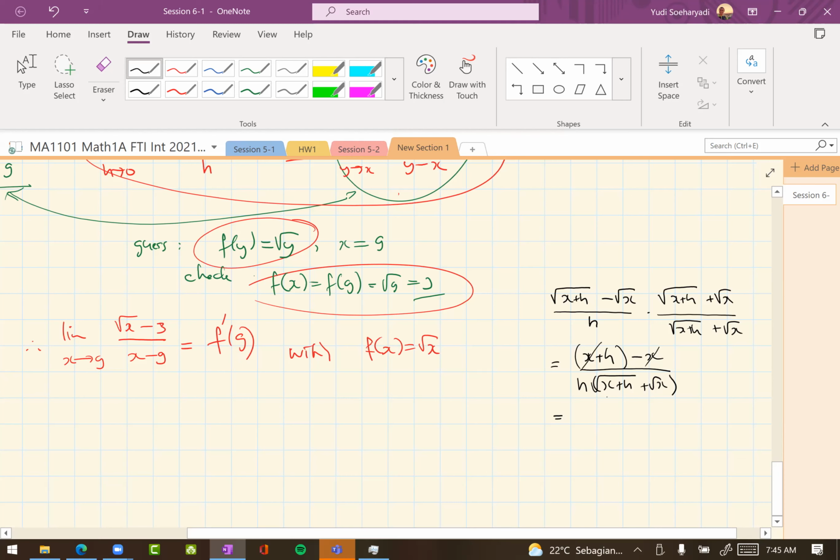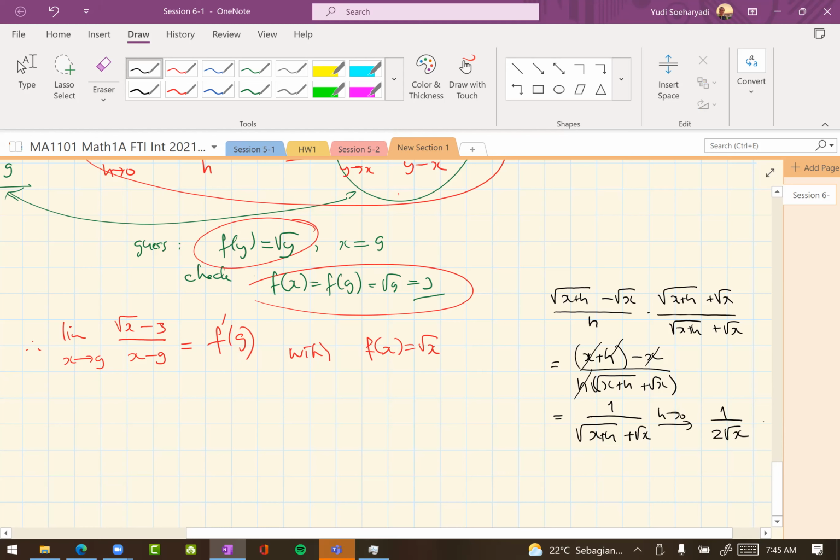The h cancels, so you get 1 over, when you take the limit, square root of x plus square root of x.